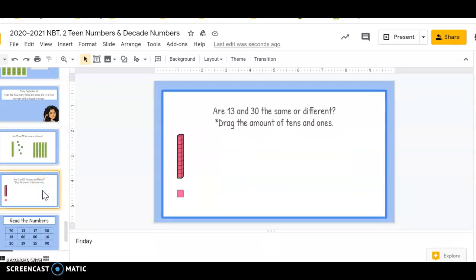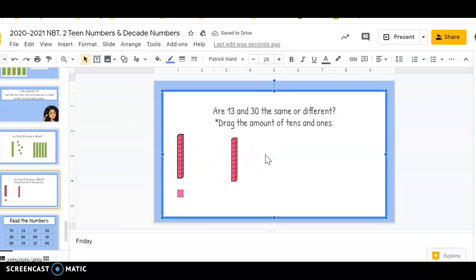So we're going to go ahead and build. What I want to know is, 13 and 30, are they the same or are they different? Our first quantity that we're going to build is 13. I'm looking at my 10 stick. How many 10 sticks am I going to need to build 13? I know that teen numbers have one group of 10.